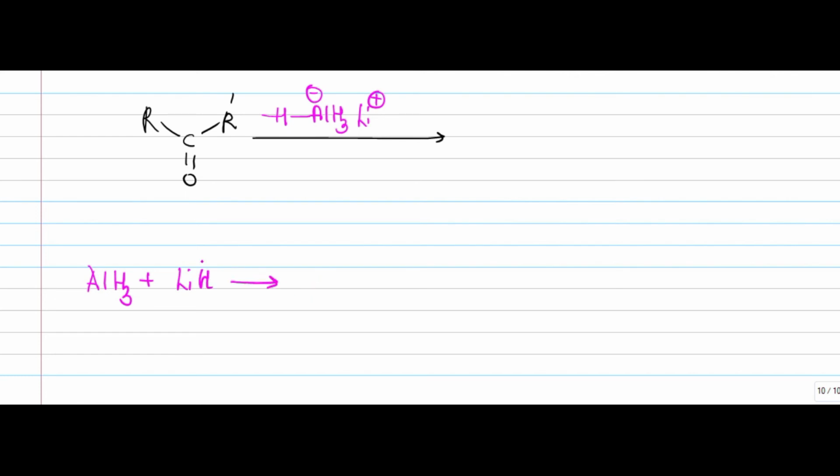It gives you H minus and forms a complex. It is a complex compound in which hydrogen forms a coordinate covalent bond with aluminium, and so hydrogen goes here.